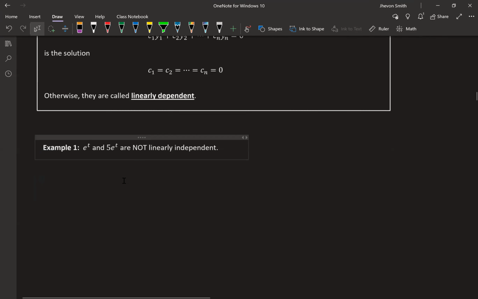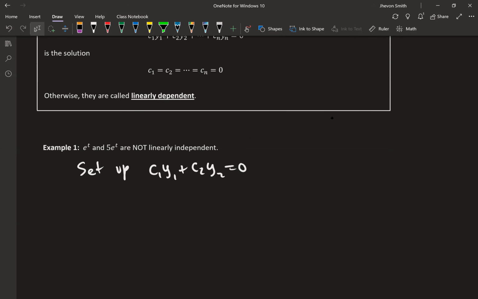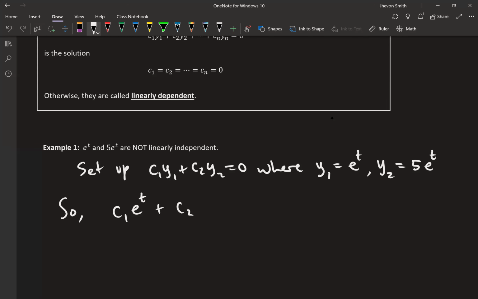Okay, so here's an example. e to the t and 5e to the t are not linearly independent. Well, how would I show that? Well, I can set up C1 y1 plus C2 y2 equals 0, where let me call my y1 e to the t, and my y2 5e to the t. So what I have here is C1 e to the t plus C2 5e to the t equals 0.